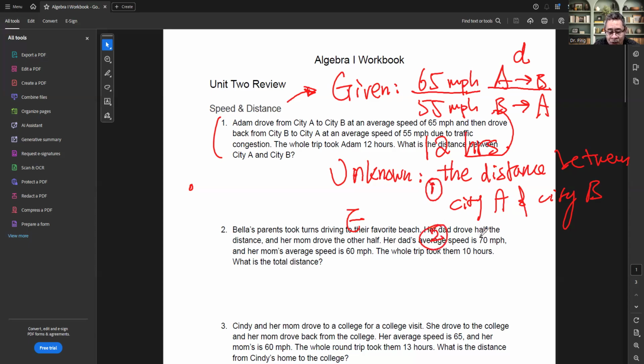Even though we know the total time, we don't know the time from A to B. Now, even though we don't know the time from B to A, if we know the time from A to B, then we can find the time for B to A. So that's another time we don't know, but we can solve for that.